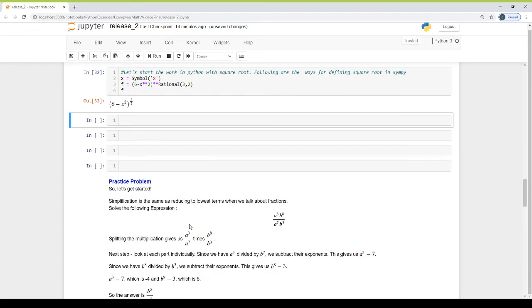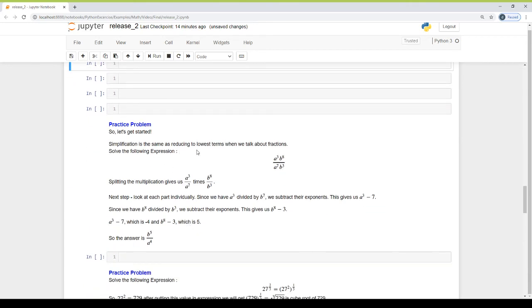Practice problem. Simplification is the same as reducing to lowest term when we talk about fractions. a3 b8 divided by a7 b3. We have to convert it to lowest term, that is expression. Let's do it using the SymPy package.